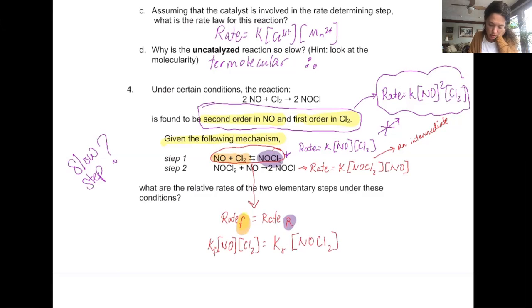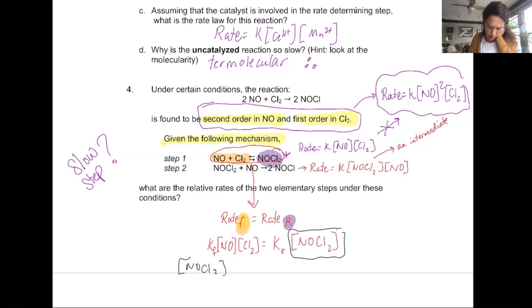Let's rearrange this equation so that it is solved for this guy, so that we have [NOCl2] equals kf over kr, which we'll just call k prime. That's it. So we now know that [NOCl2] equals a new k times [NO][Cl2].